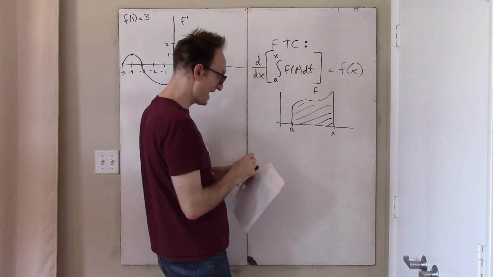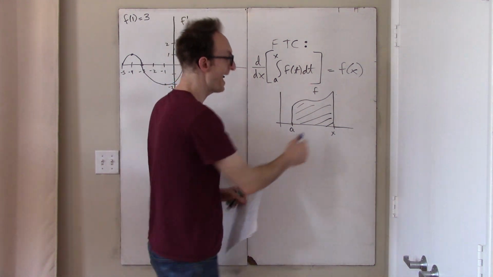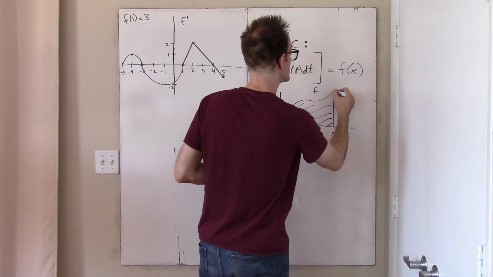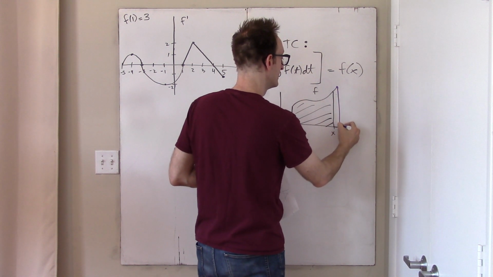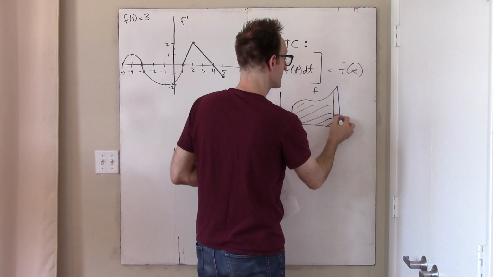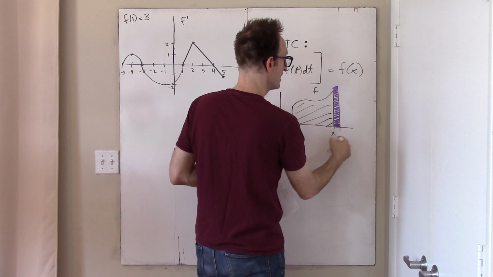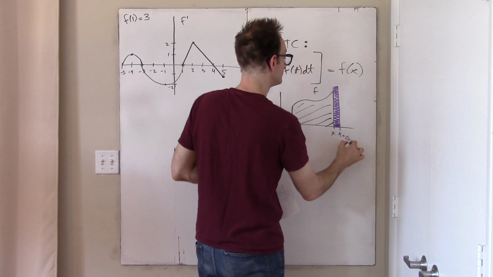And the rate at which this function is gaining area, well, at point x, if x moves to the right a tiny bit, we get to some new point, say x plus delta x.